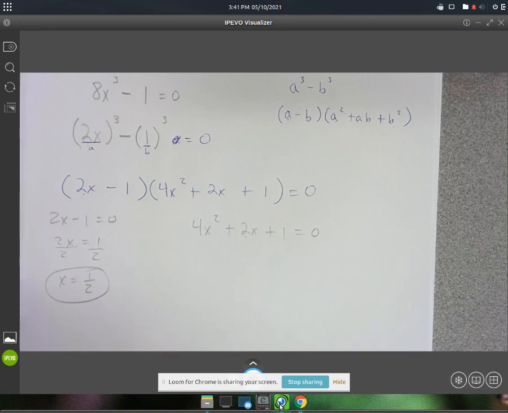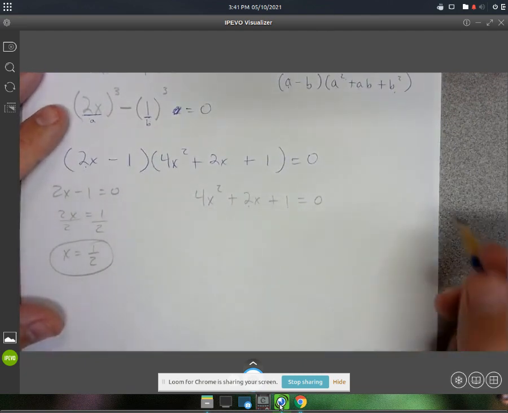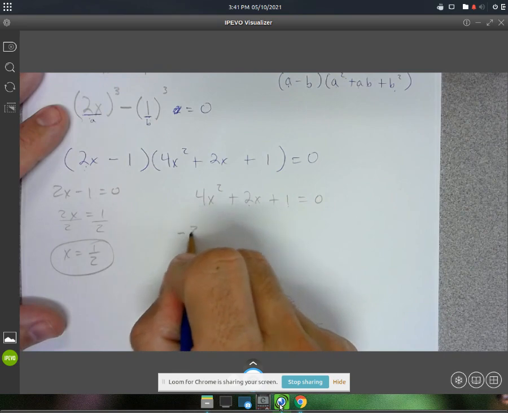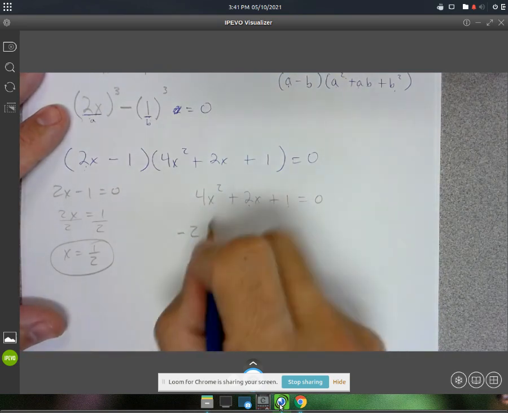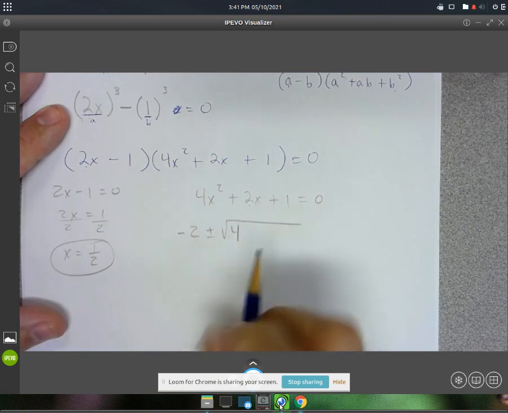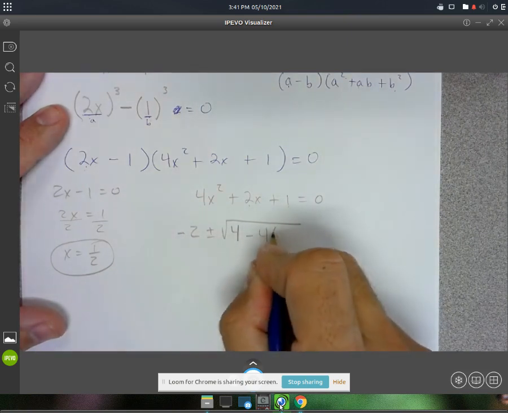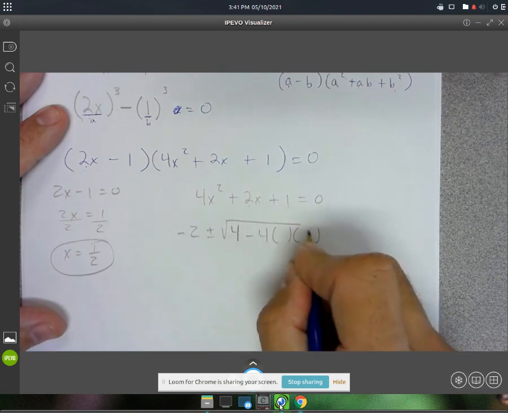And I believe for yours, I'll give you the factored form in a little bit. All right. So we'll plug it into the quadratic formula. So negative b, that's negative 2, plus or minus the square root of b squared. So that was 2 squared, gives me 4, minus 4ac.